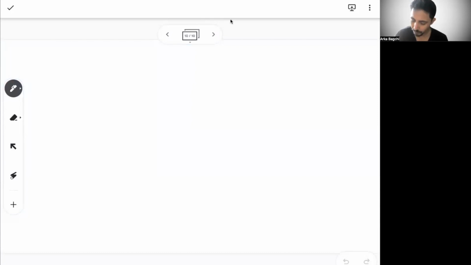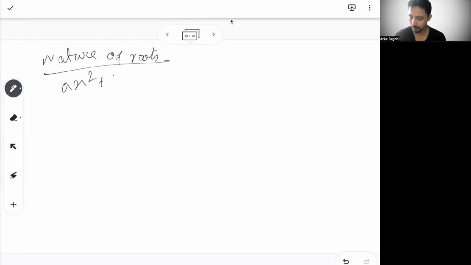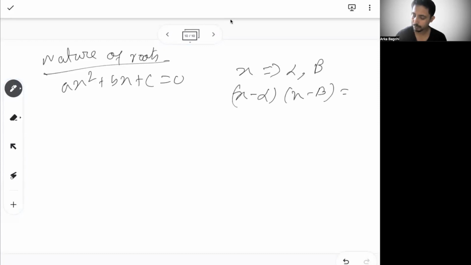Now, nature of roots. So let's see how to do that. Let's say ax square plus bx plus c equal to 0, and I say x has two roots, alpha, beta. Now from the two roots I can figure out the two factors, and by equating them with 0, I should get the same equation, right?